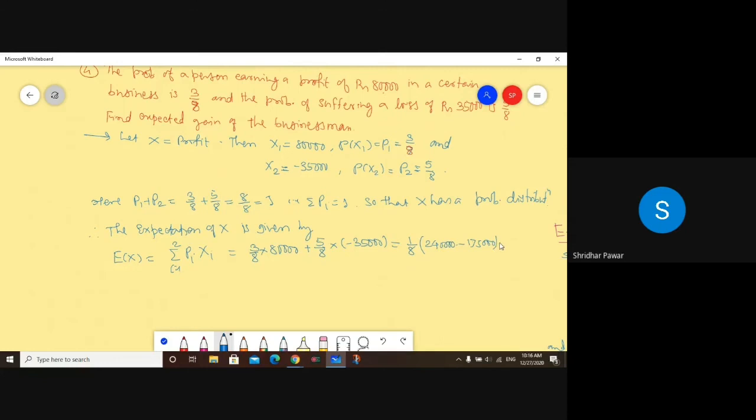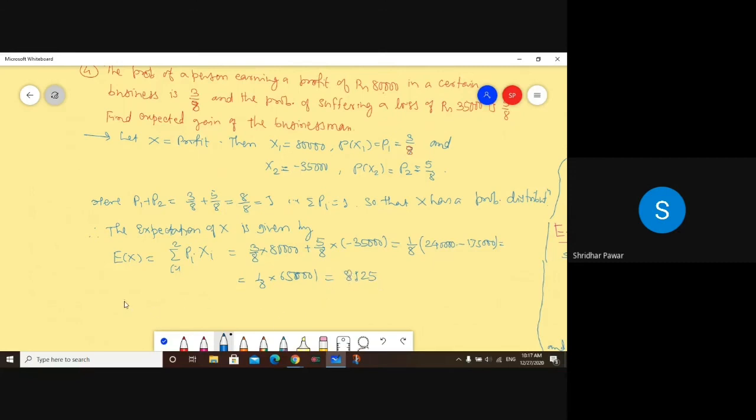So this will be equal to 1/8 into 65,000, and this is equal to 8125.